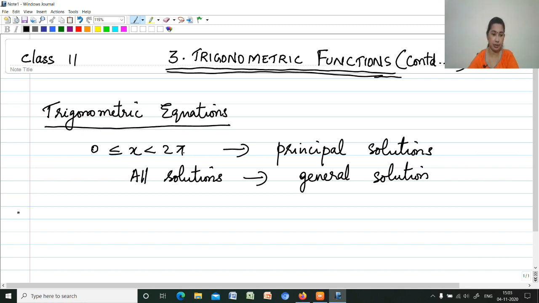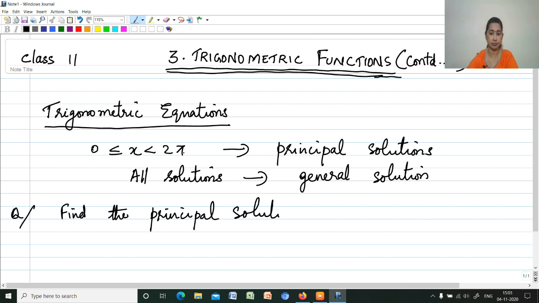For that, I'll take one example. Find the principal solutions of the equation sin x equal to root 3 by 2.